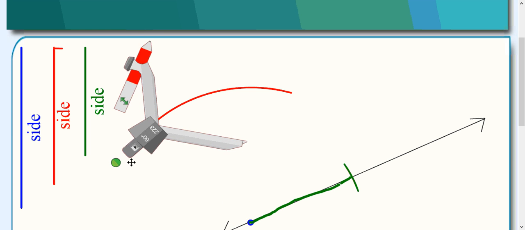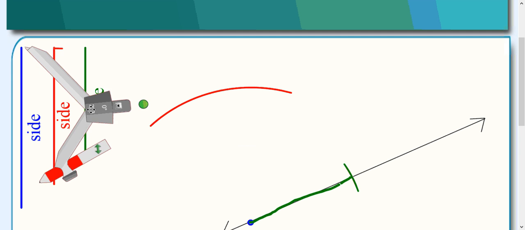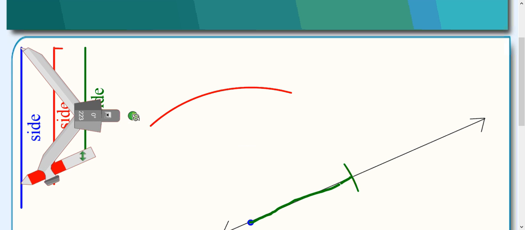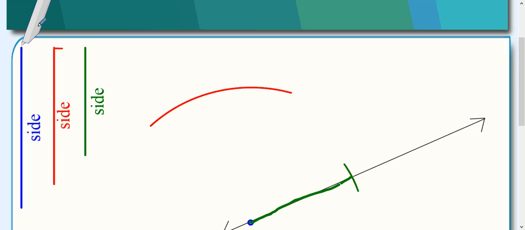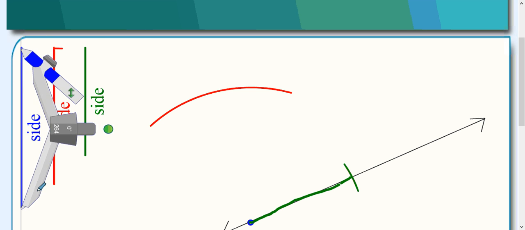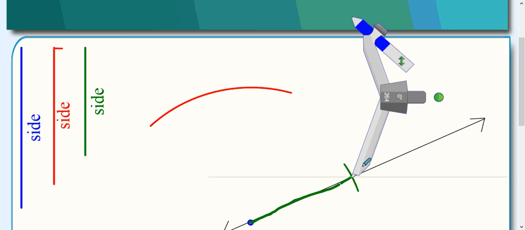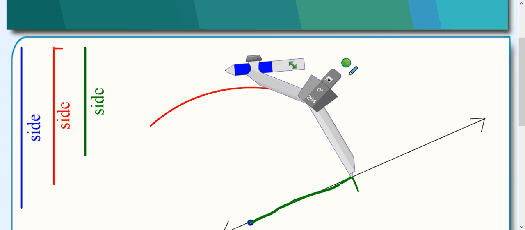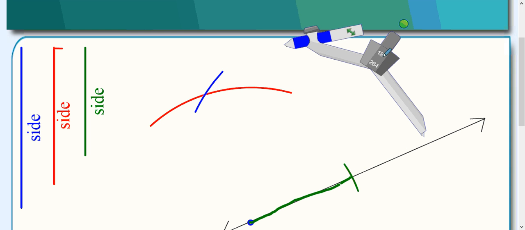And then we're going to do the same thing with the blue one. We've got our length. We're going to bring it over to that other side. And we're going to see where they cross.